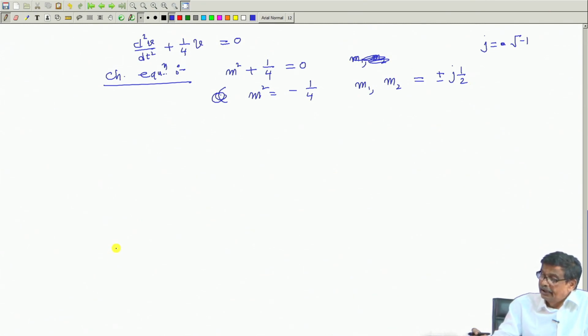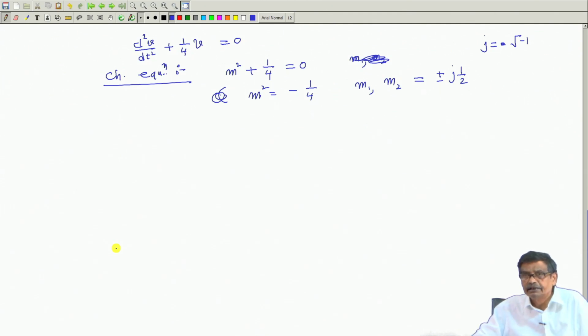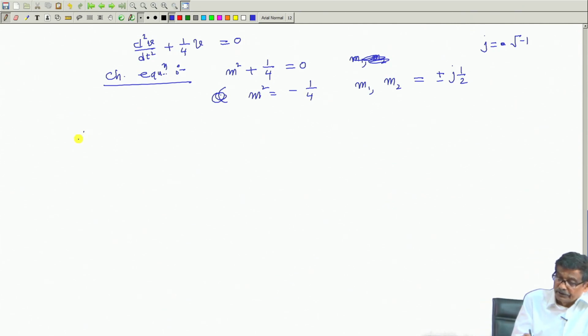So, are the roots distinct? Yes, they are not equal, because one is j by 2, another is minus j by 2. Therefore, the solution V(t) I will write straight away.